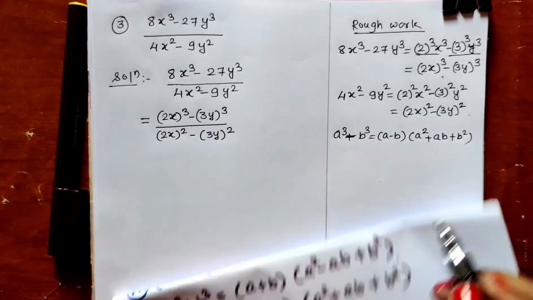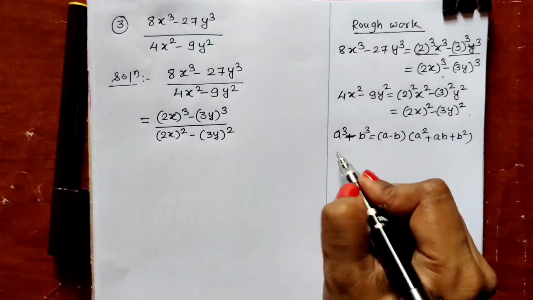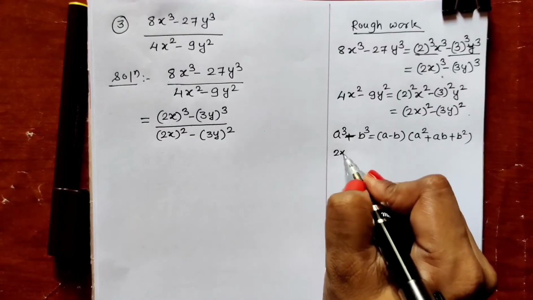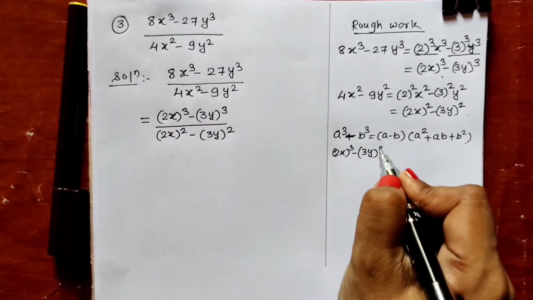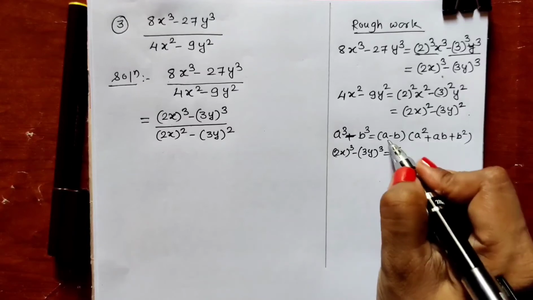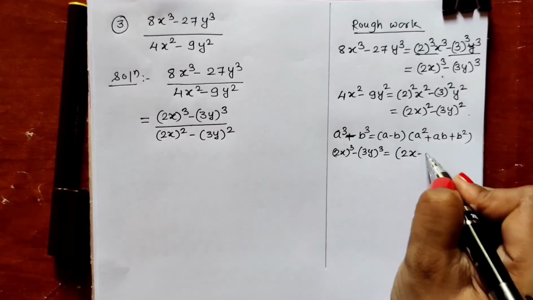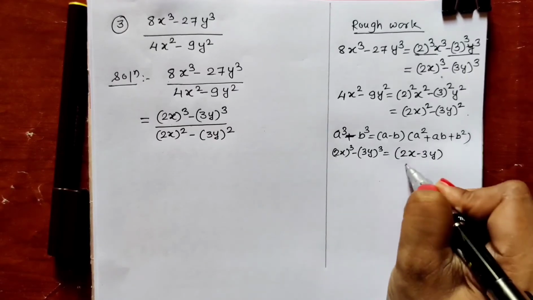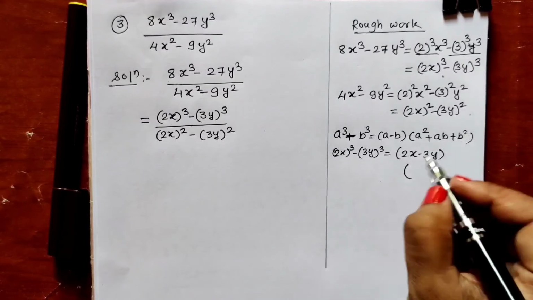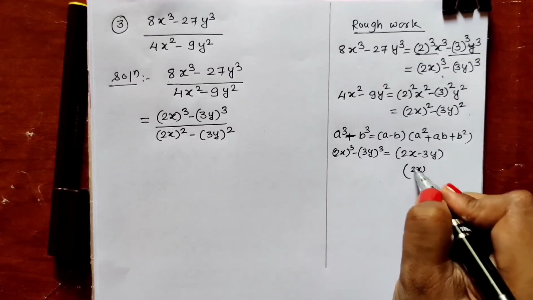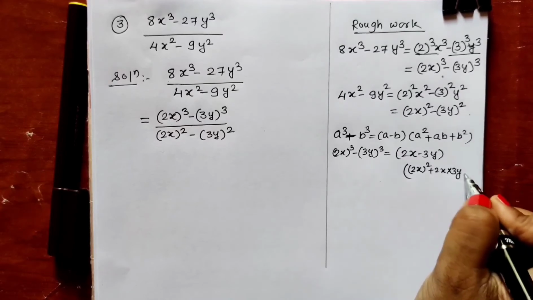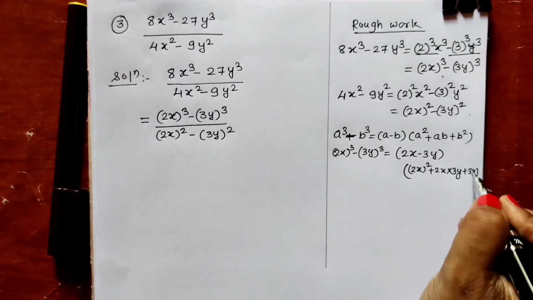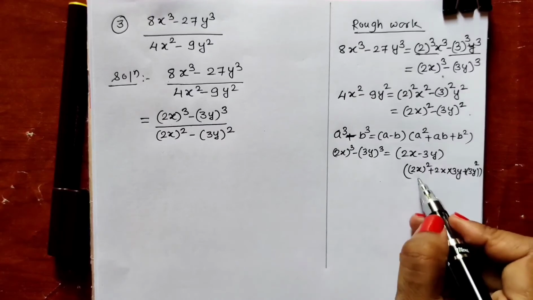This formula we will be applying to this 2x cube minus 3y cube. So in the first bracket it will be a minus b means 2x minus 3y, and in the second bracket a square plus ab plus b square, that means 2x square plus 2x into 3y plus 3y square. So we will have to solve this second bracket.